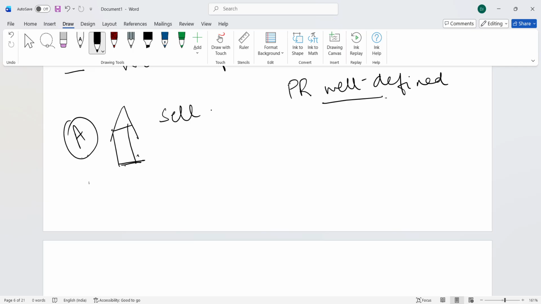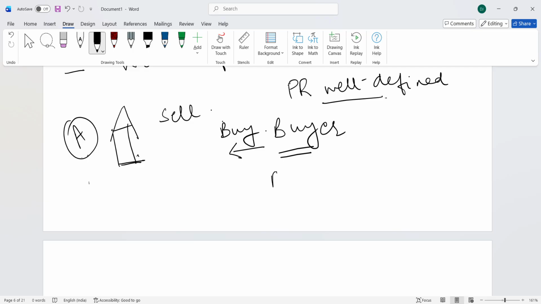Everything was well written, well defined, and well protected property rights. So I as a buyer would not hesitate to buy this house.